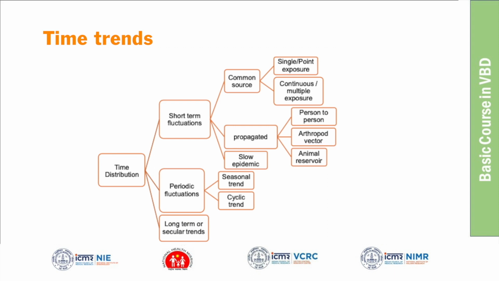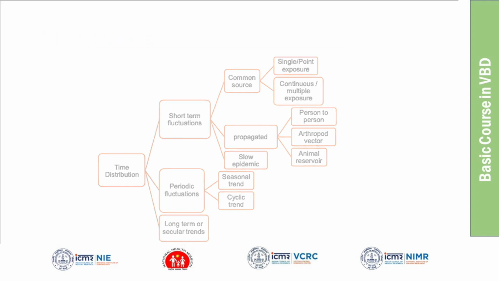And this propagated epidemic can be further subdivided into three types. One is it can be transmitted from person to person, or it can be transmitted through an arthropod vector, or it can be due to a zoonotic disease, that is animal reservoir. So let us go one by one.